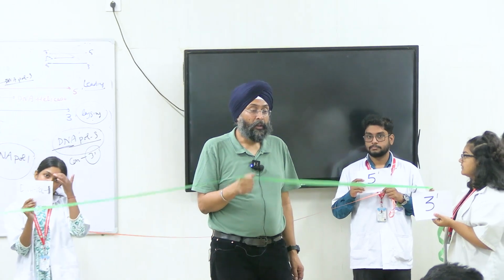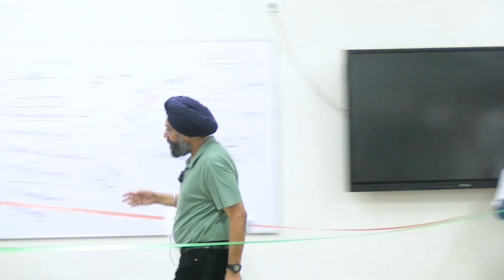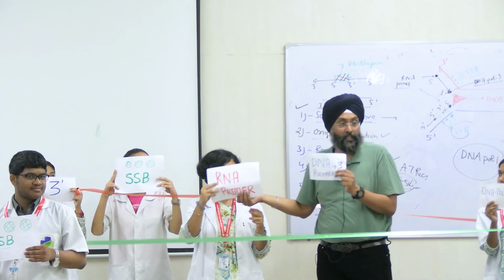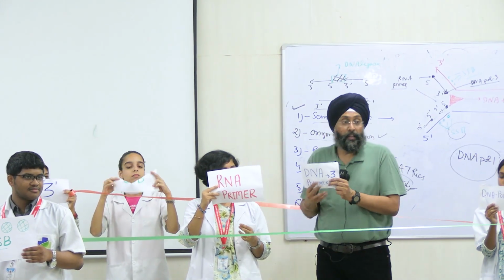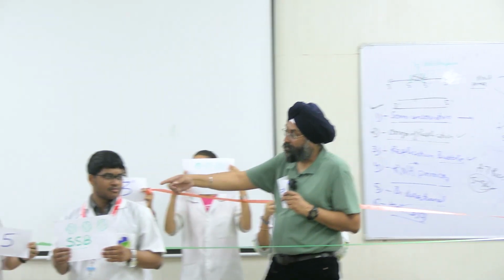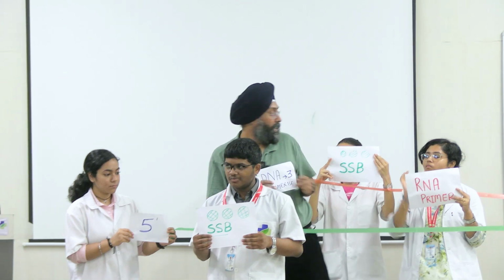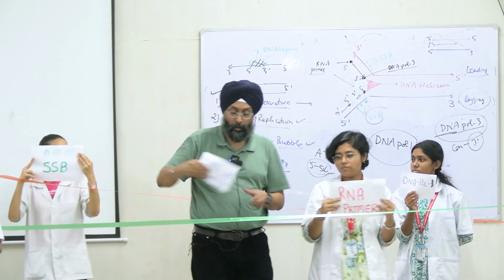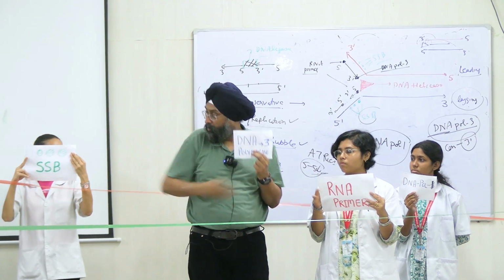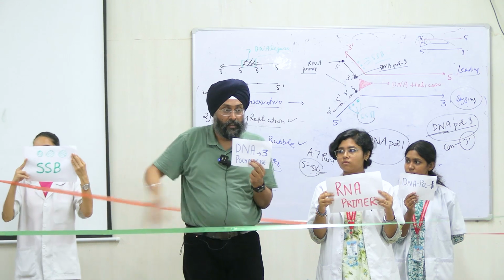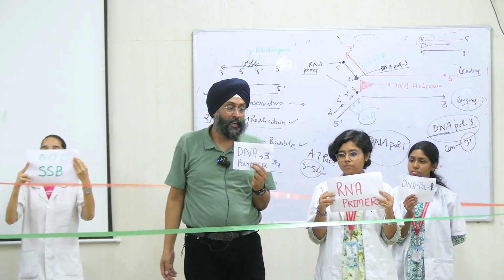Why? Because DNA polymerase 3, which runs on this RNA primer, runs in the 5 to 3 direction. So here I have to synthesize in this direction, because the polymerase will move in this direction. On the 3 prime side we are supposed to add these nucleotides, right?